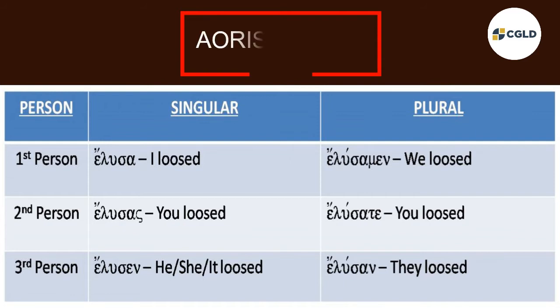Second person singular, elusas. Second person plural, elusate. Third person singular, elusen. Third person plural, elusan. I loosed, we loosed, you loosed, he, she, it loosed, and they loosed.